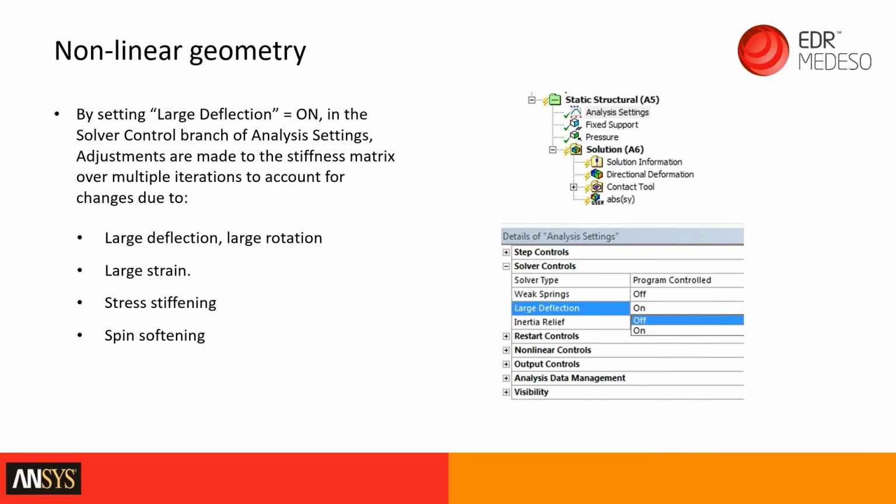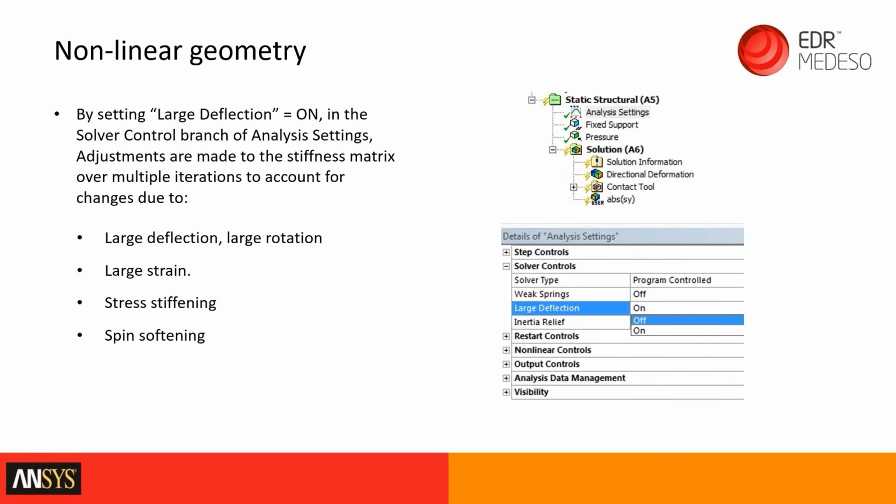So let's look at the first type of those nonlinearities, nonlinear geometry. This is, from the 3 types I mentioned before, the guy with the fishing rod. And this is one of the easiest to activate. If today you're just doing linear analysis and you want to start doing nonlinear analysis, large deflection, there's actually only one toggle in Ansys to switch on large deflection.